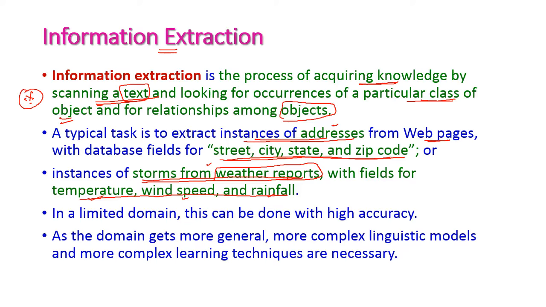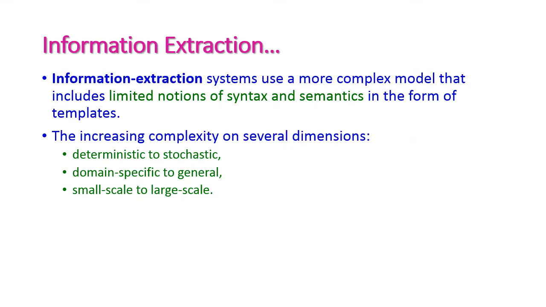If the domain is very limited, then the accuracy will be very high. But if the domain is a more general domain, then we require some more complicated learning technique to get the knowledge, right? This system uses more complex models, which include limited notation of syntax and semantics, in the form of templates.